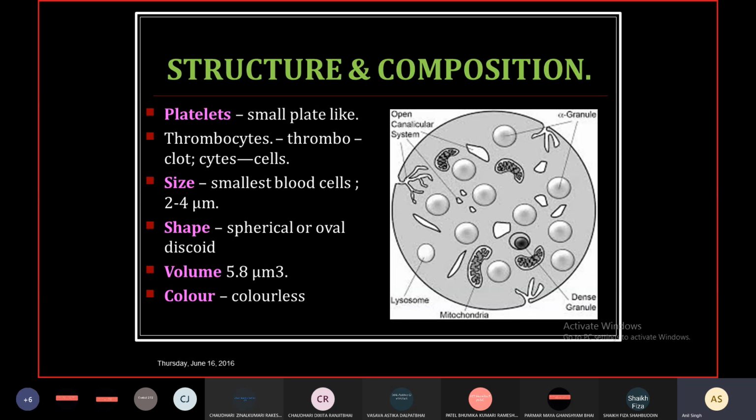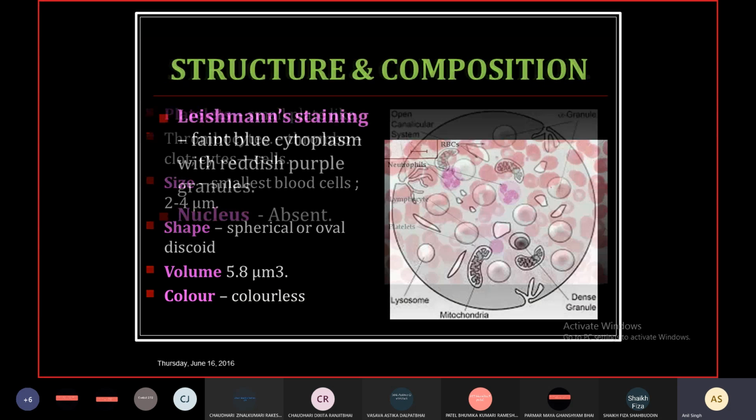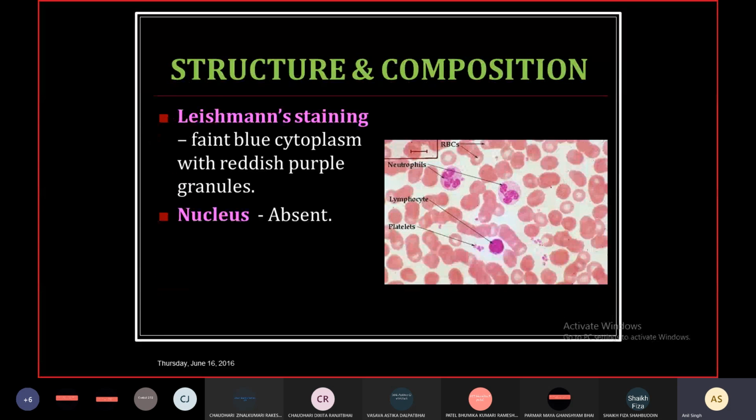Whenever there is tissue injury and blood oozes out of capillaries, then these thrombocytes play the most important role in clotting of blood. That is why they are also called thrombocytes: thrombo means clot and cytes means cells, so cells which are involved in clotting of blood.